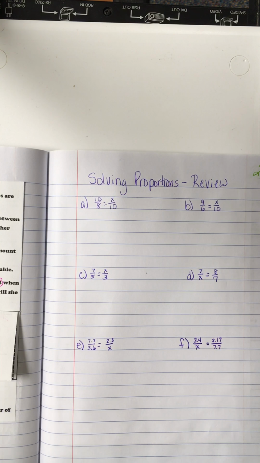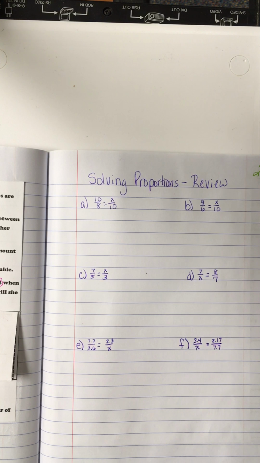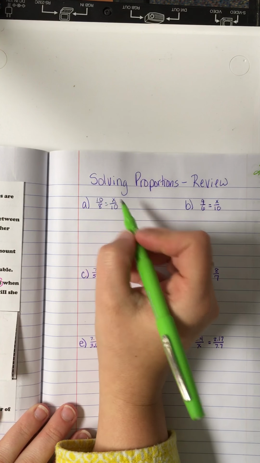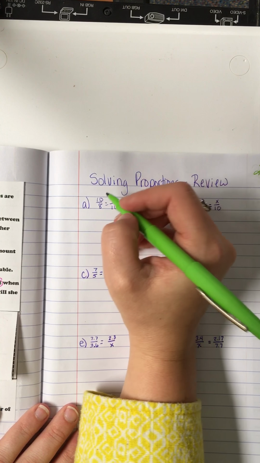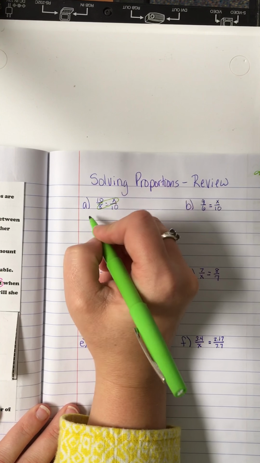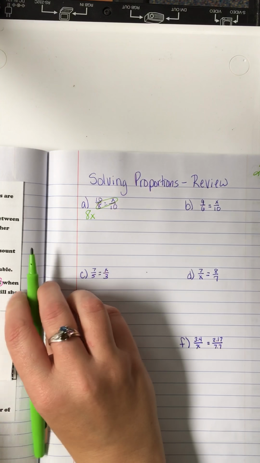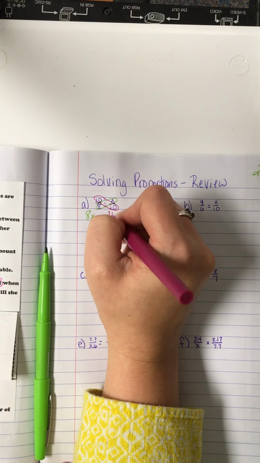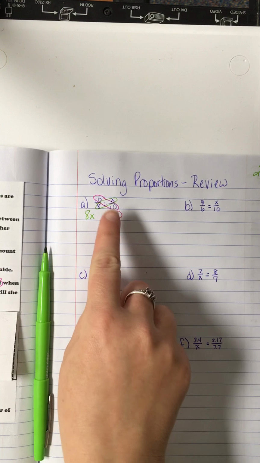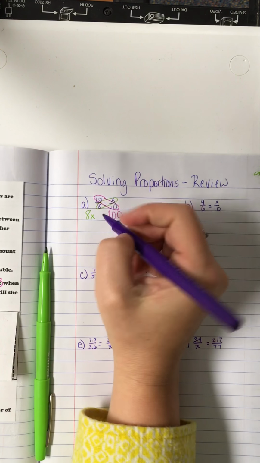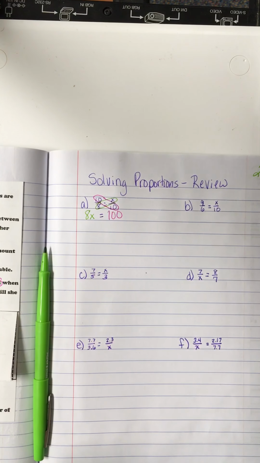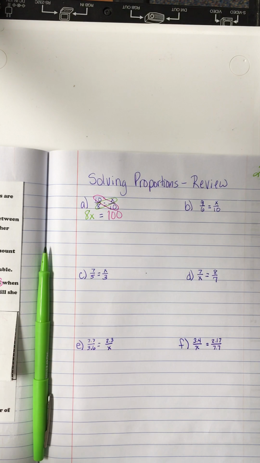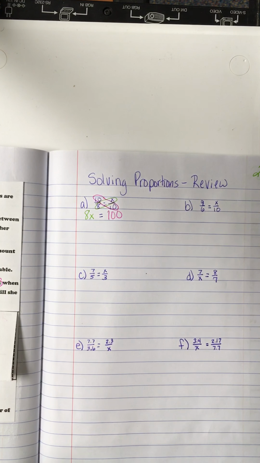So we can do the first one together just to make sure you understand what I'm expecting. I want to see your cross products equation. So 8 times x is 8x. And 10 times 10 is 100. And because the rates are set equal to each other, their cross products are also set equal to each other. And then we're going to solve it just like a one-step equation.